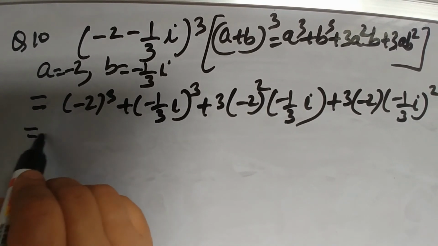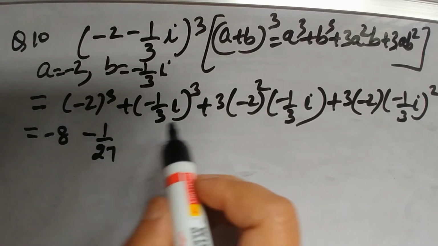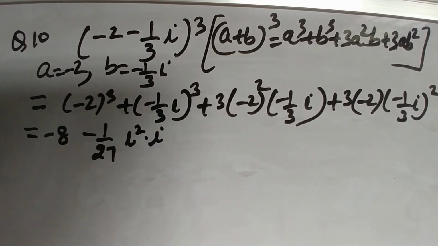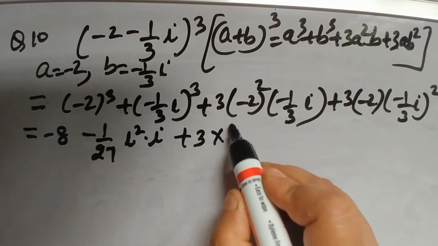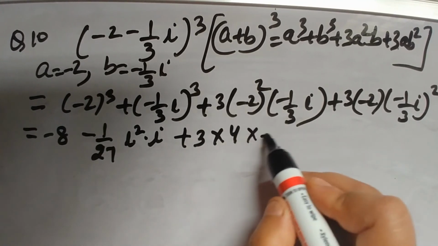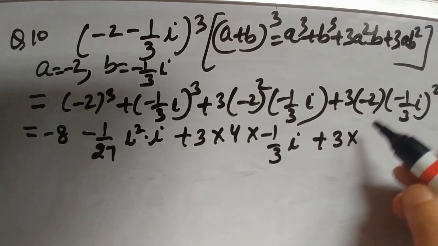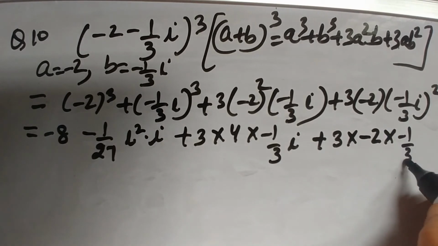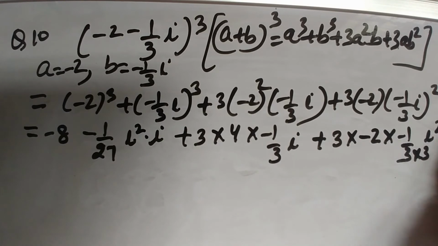So it becomes minus 8 minus 1 by 27 iota cube, which is iota square into iota, and it is plus 3 into 4 into minus 1 by 3 iota, plus 3 into minus 2 into minus 1 by 3 into 3, 1 by 9, iota square.